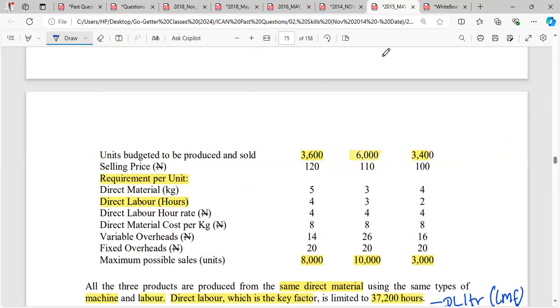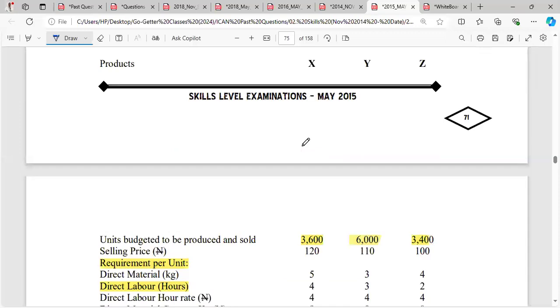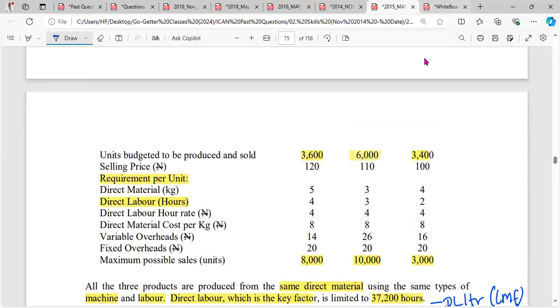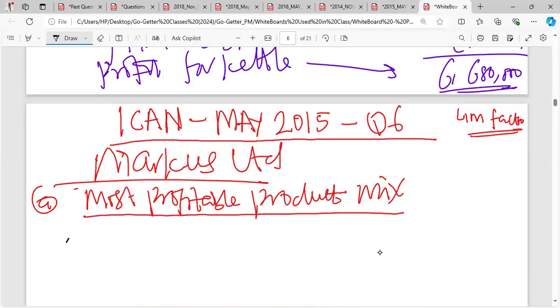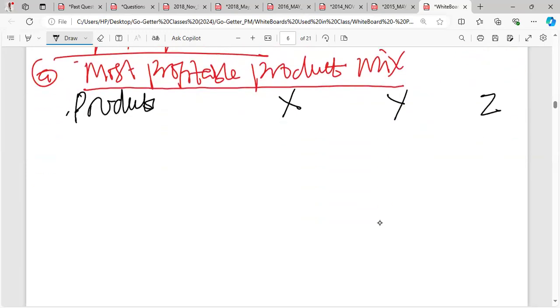We'll start with the contribution. We need to get contribution. So this is product, this is X, Y, and Z. Then we have selling price.